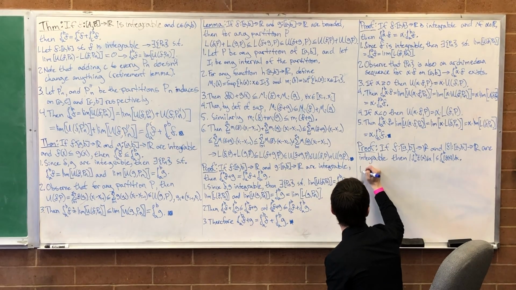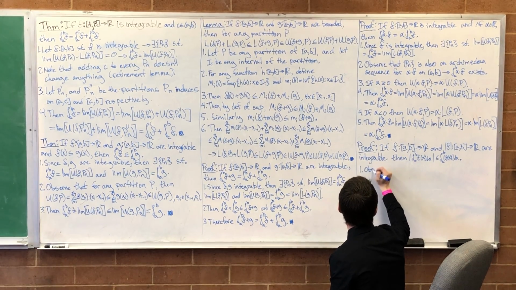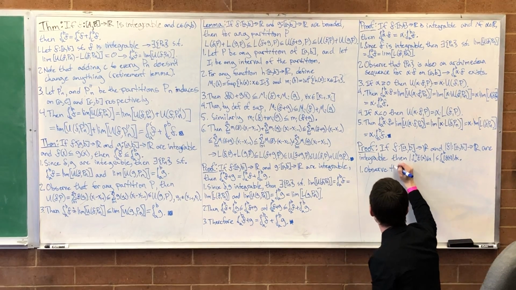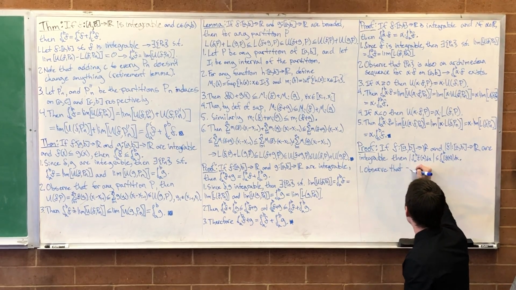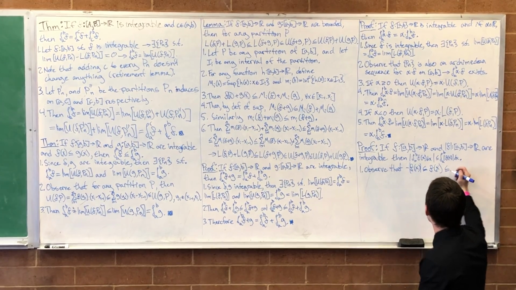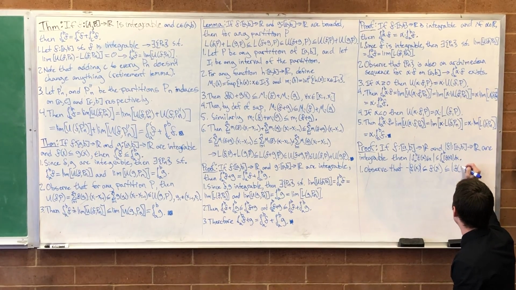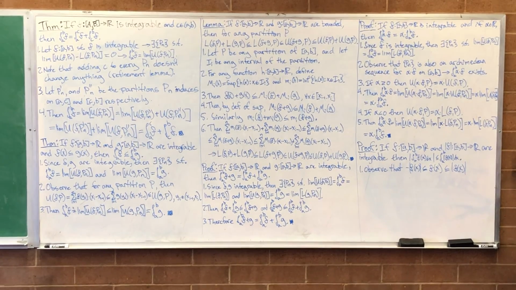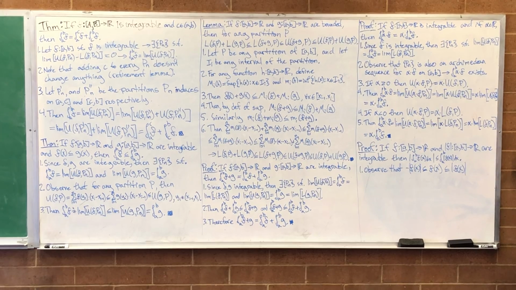So maybe start there. Observe that negative absolute value of f(x) is always less than or equal to f(x), which is always less than or equal to the absolute value of f(x). That one pretty intuitively clear?